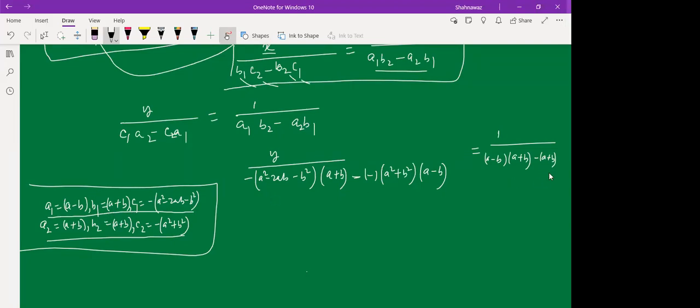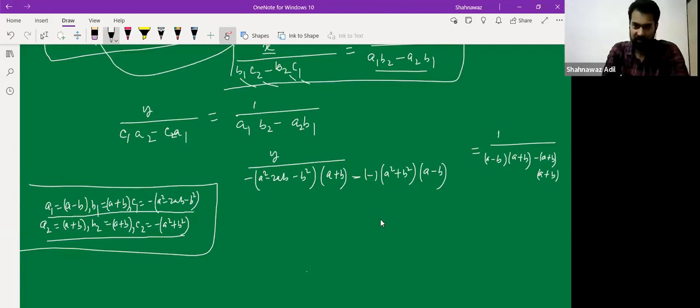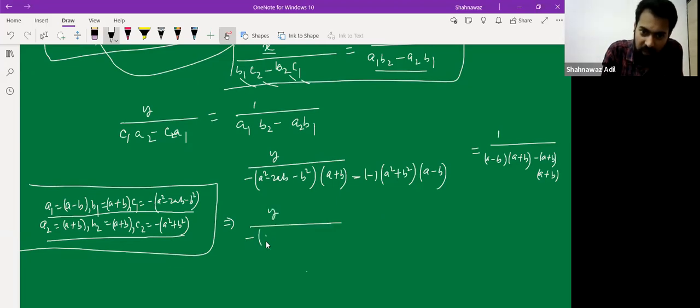B1 is A plus B. Right. Yes. So this will be minus of A square minus 2AB minus B square and then A plus B. Right.